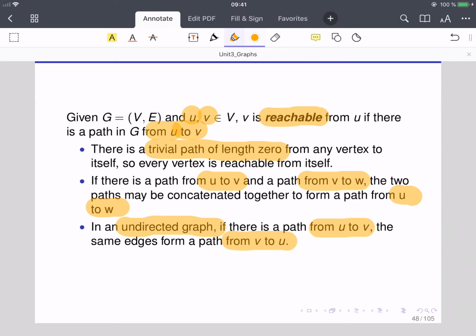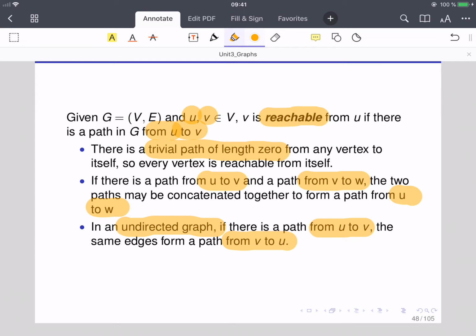And when we have an undirected graph, the relationship of which vertices are reachable from other vertices is reflexive, transitive, and symmetric, and that is the definition of an equivalence relation.